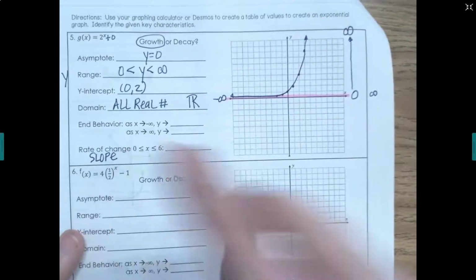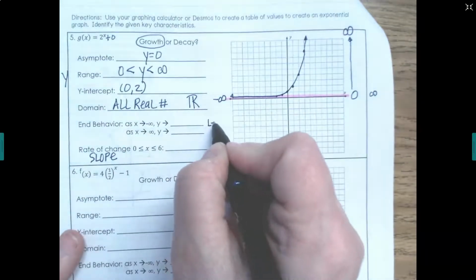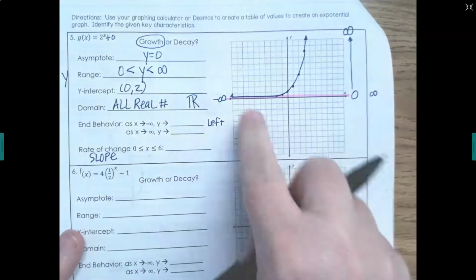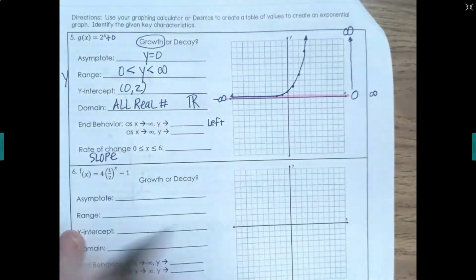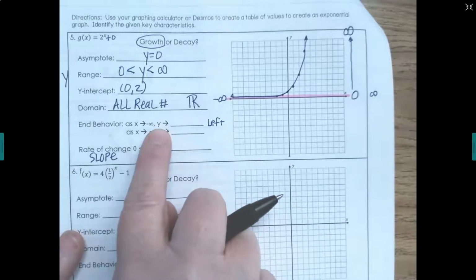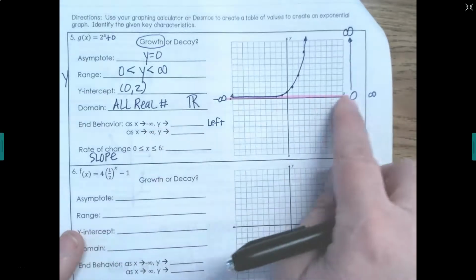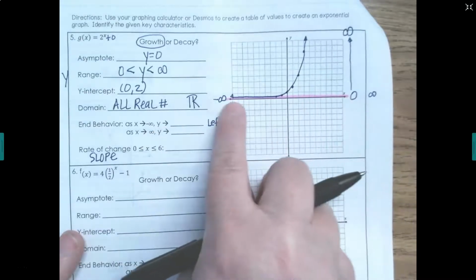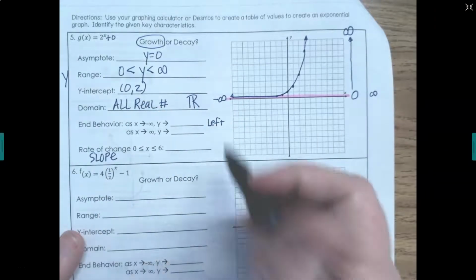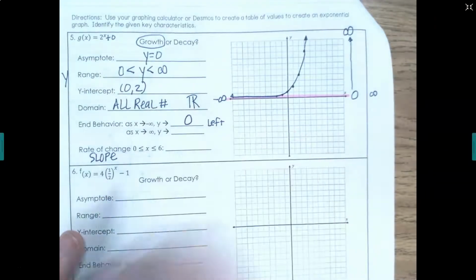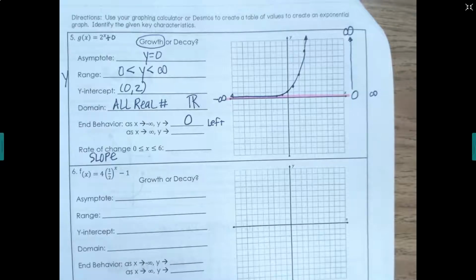So as x approaches negative infinity, that means they're talking about the left. On the left, as this graph goes out further and further, what's going to happen to the y values? Where are the y values going? Well, the y values are going to get closer to that asymptote the further left we go, but they're never ever going to cross it. So our y values are approaching 0. They're not going to get to 0, but they're approaching it.